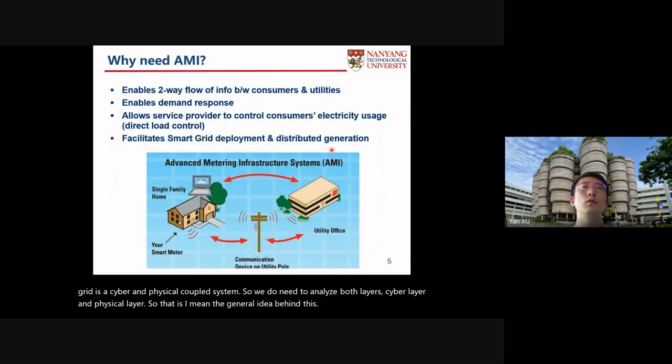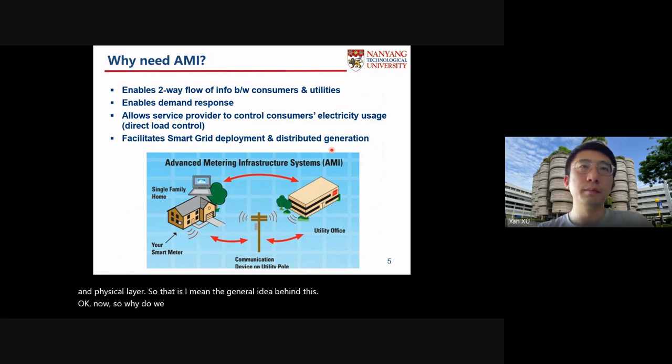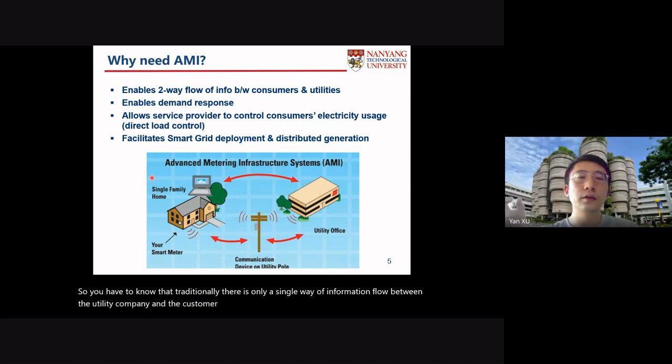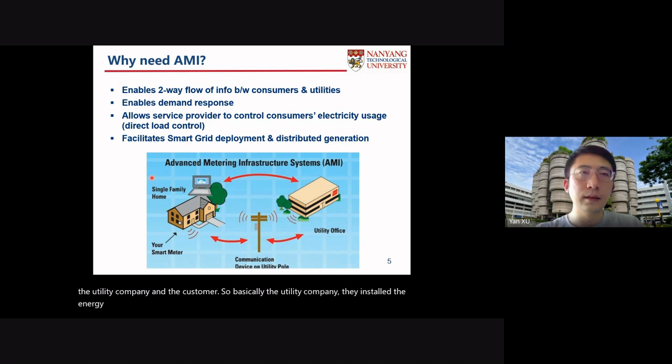Okay, now, why do we need AMI, advanced metering infrastructure? You have to know that traditionally, there is only a single-way information flow between the utility company and the customer. Basically, the utility company installed the energy meters at the customer site, and every month or every quarter, they come to take the measurements to check how much energy the customer has used.